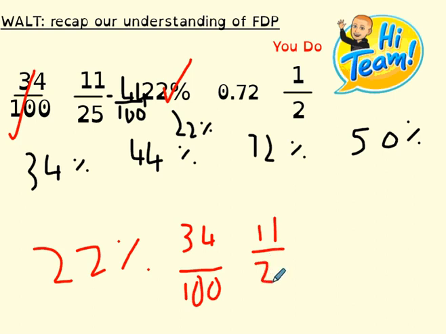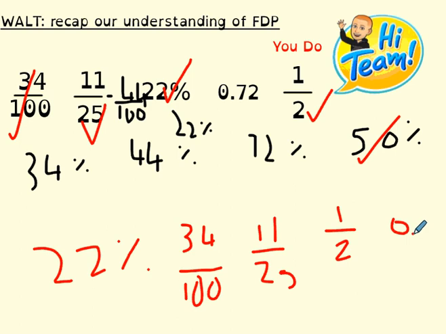Next up is a half or 50%. And then finally 0.72 or 72% is my greatest value.